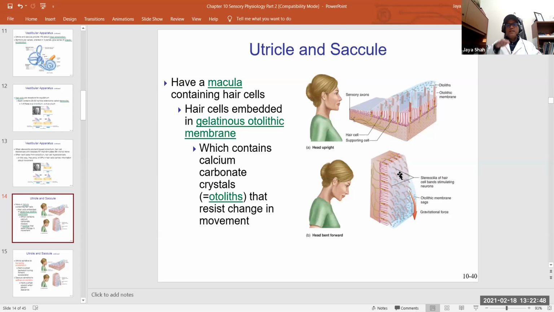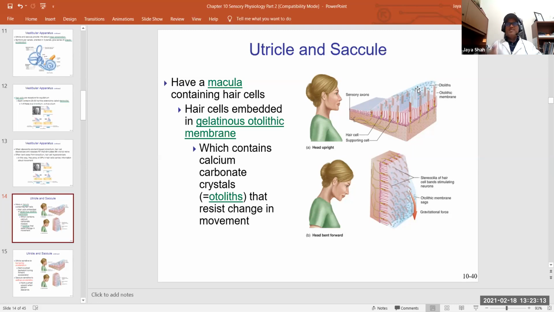For the vertical or the linear acceleration. So this lady is standing here, head upright. And when you have the head upright, in the utricle and saccule, you have the hair cells. You see hair cells? And hair cells are suspended in the otolith organ.